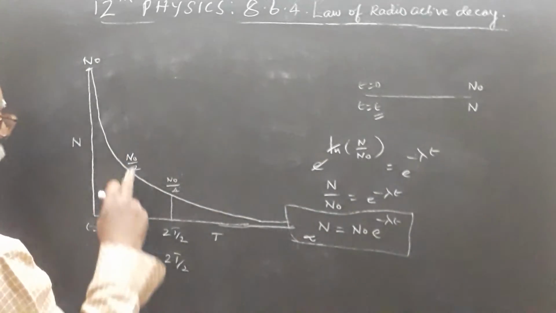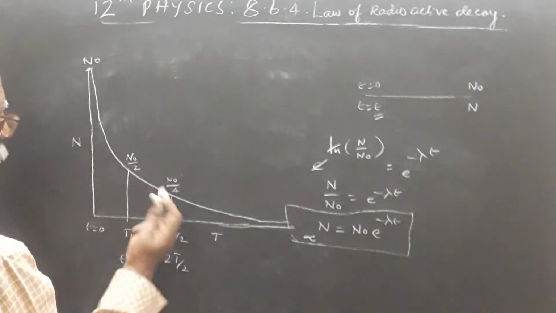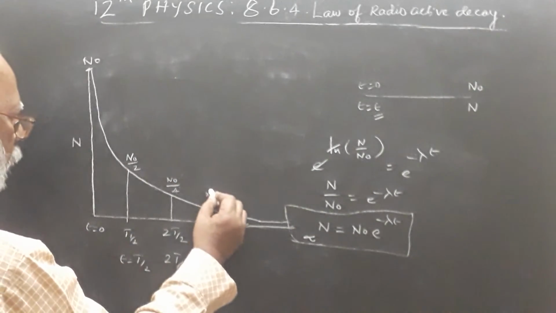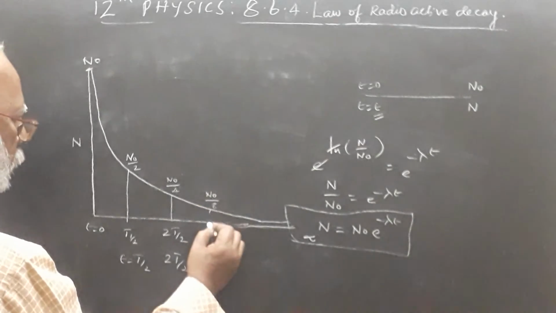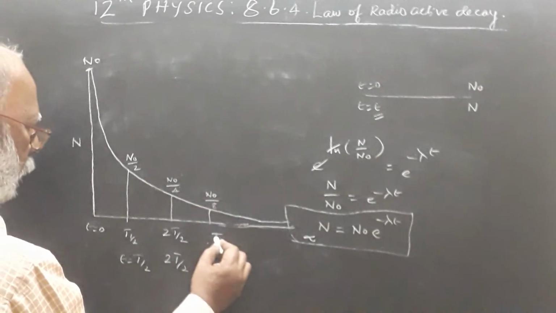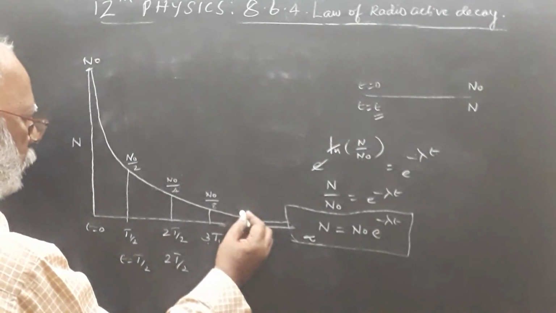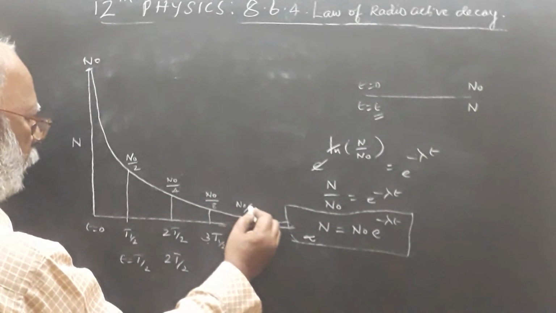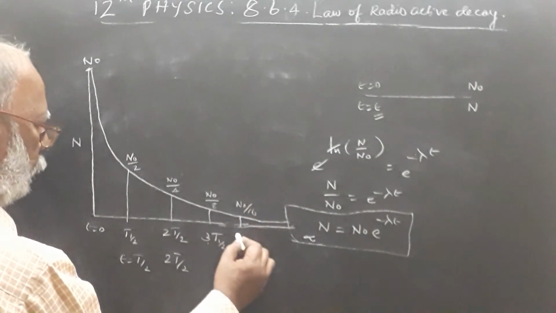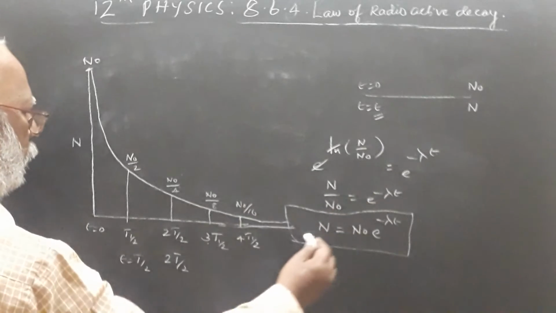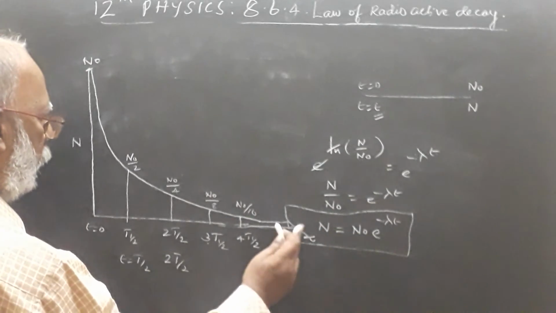Remaining, you have to consider half of this amount. That is called N naught by 8. This is called 3 T half. Suppose you consider N naught by 16, this is called 4 T half. Likewise it goes on, but never cuts the x-axis.